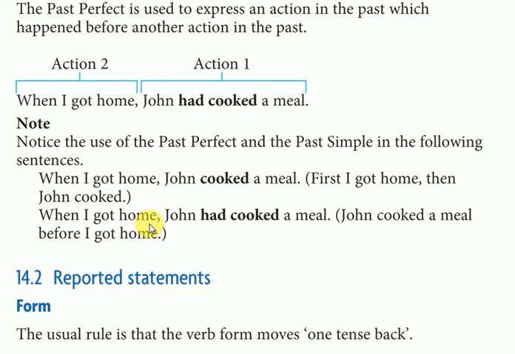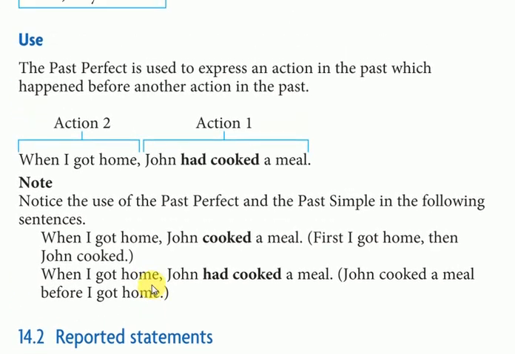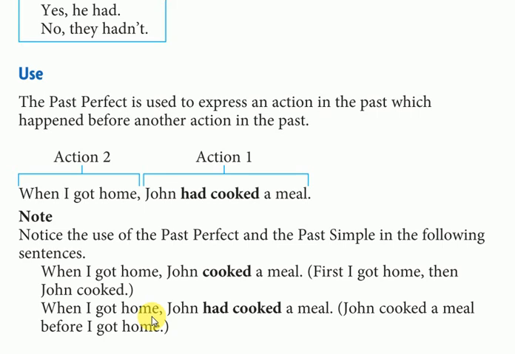First action, John had cooked the meal, has finished, then the other action. So here we can see there are two actions, action 1 and action 2. We use the past perfect to express an action in the past which happened before another action in the past.